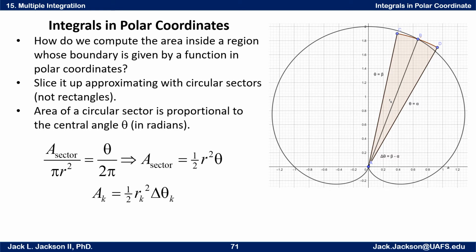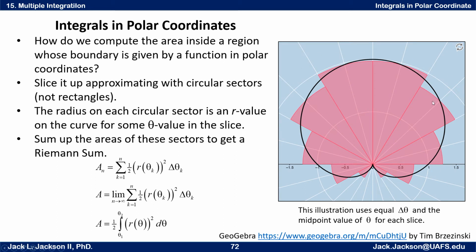So basically what we want to do is to take our entire region there and break it up into a bunch of little slices, each of which is going to be approximated by a circular sector. And then we add those up. So the area approximation would be a Riemann sum. A sub n is the sum from k equals 1 to n of 1/2 r of that theta sub k squared times the delta theta sub k. Of course, r sub k is just r of some theta sub k.